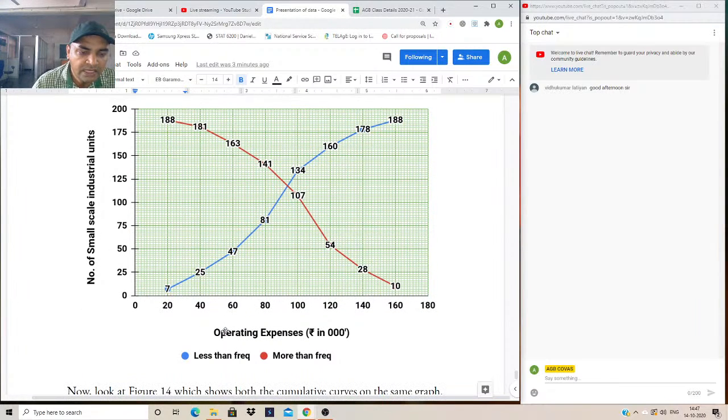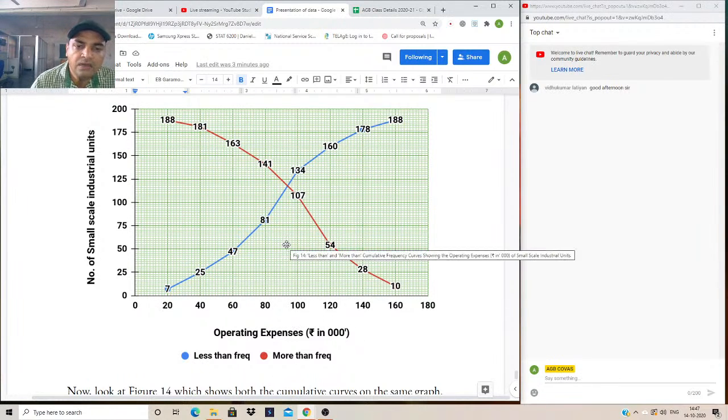There are 7 companies whose expenses are below 20, and 25 companies whose expenses are less than 40,000. At the same time, more than zero are 180, more than 20 are 181, more than 40 are 160.